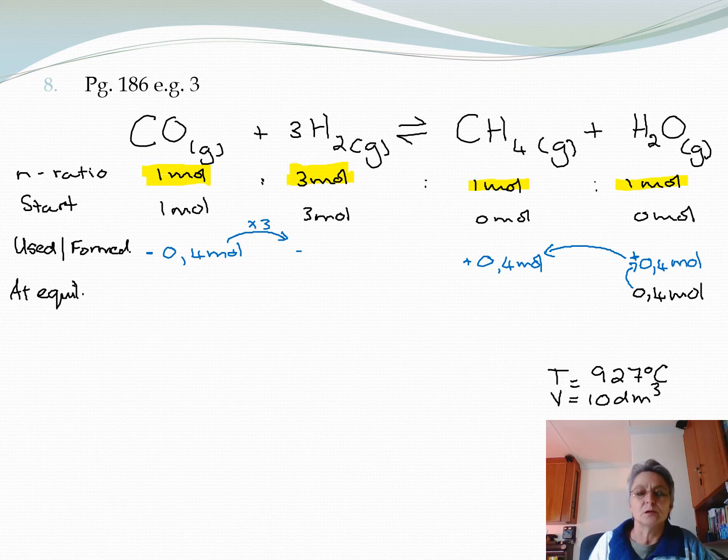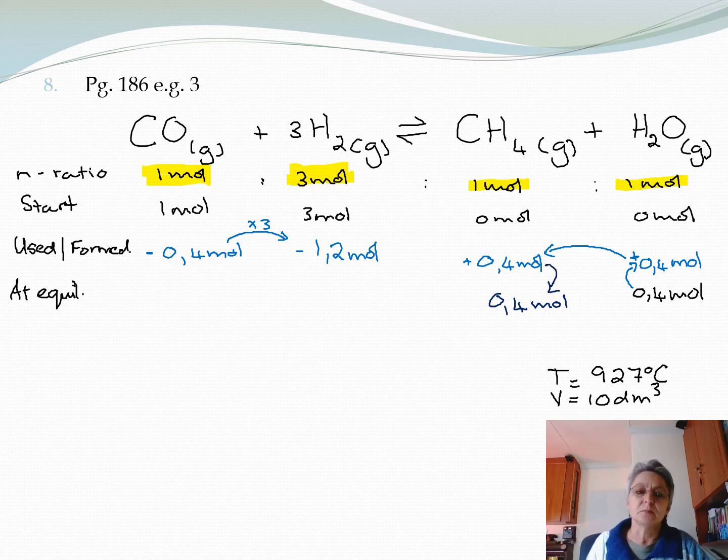And I'm going to put a little negative. Now 0.4 times 3 is 1.2, so 1.2 mole of the hydrogen was used. From there we can go to 0.4 moles of water was formed, 0.4 moles of methane was formed.